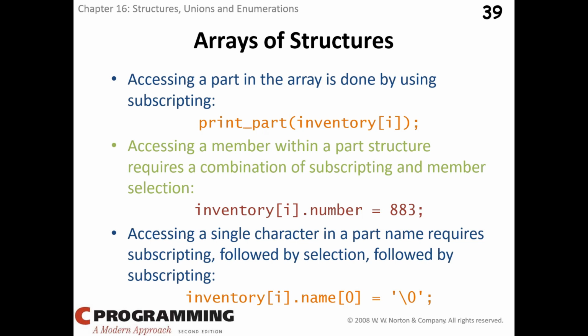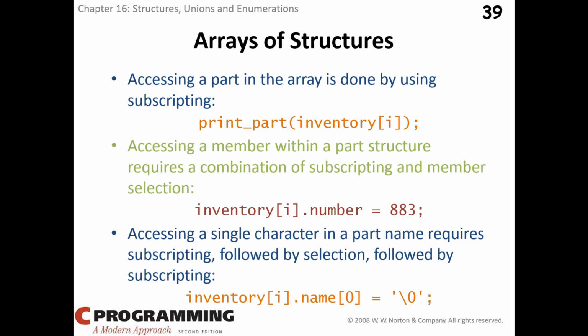And once we have accessed a specific part, modifying or accessing its member requires the member access operator. So for instance, to modify the number member of a part within the array, we can use inventory[i].number = 883.